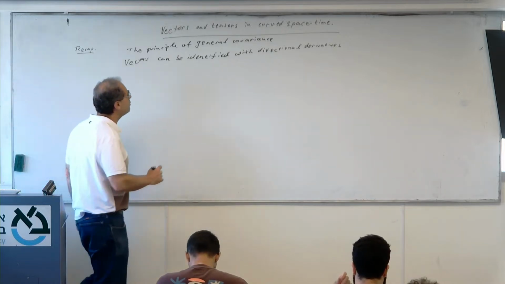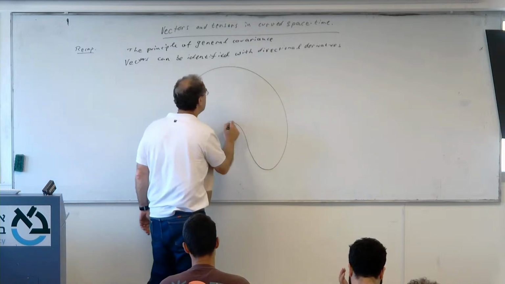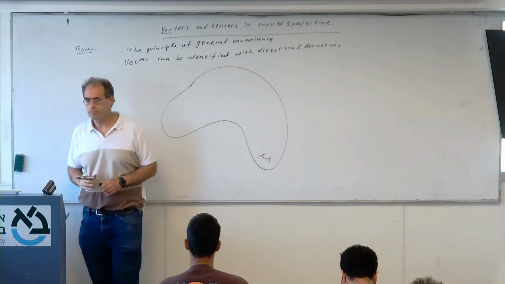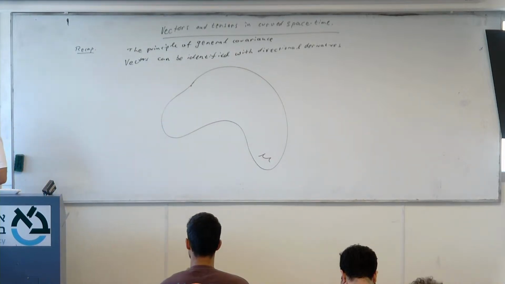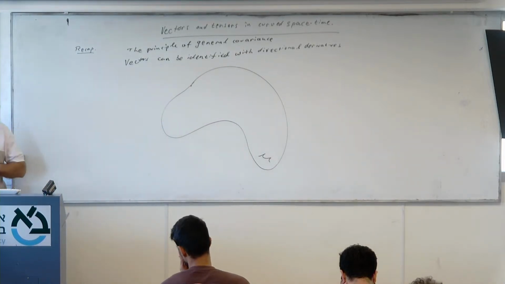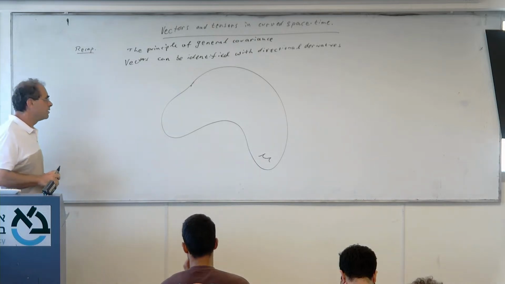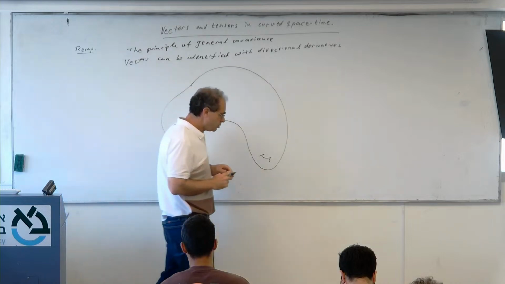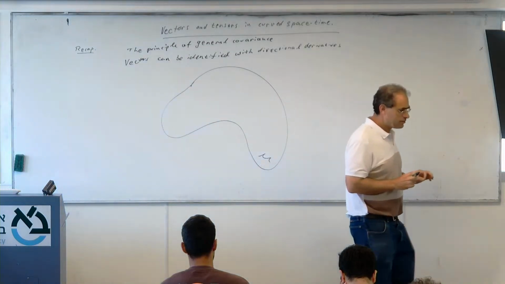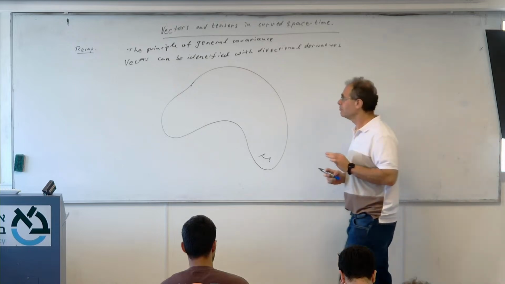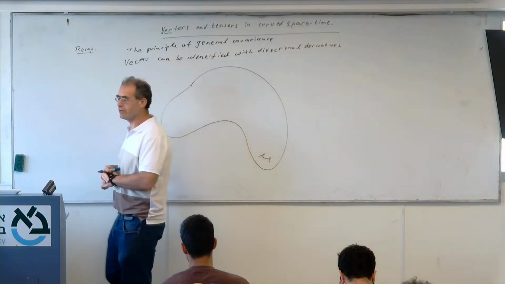So we had a manifold, we call M. I did not bother to fully explain to you what is a manifold. I just made a general statement that a manifold M is a space which is locally flat around each of its points, but globally it does not have to be flat.